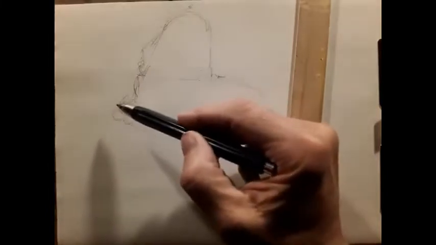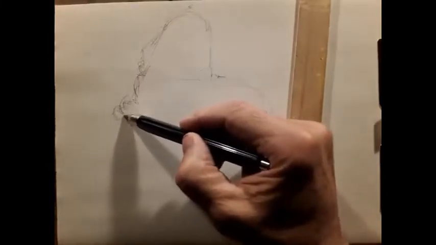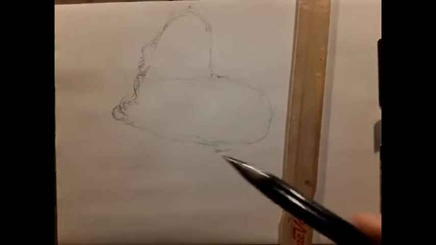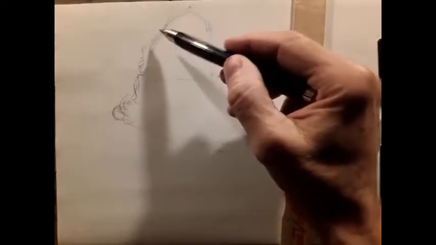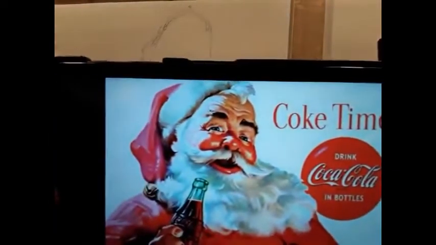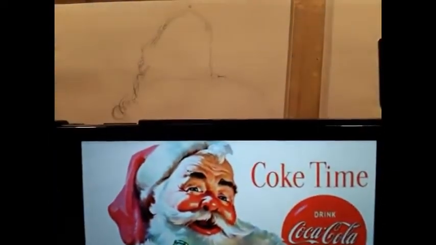Now, in the image, in the advertisement, there's a little round bell, almost hidden underneath the side of the beard. Okay, let's compare the shape of his head there.